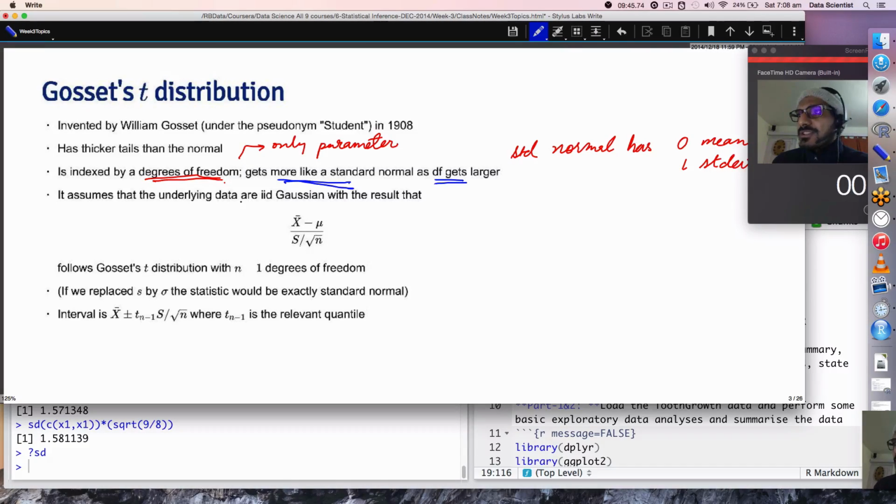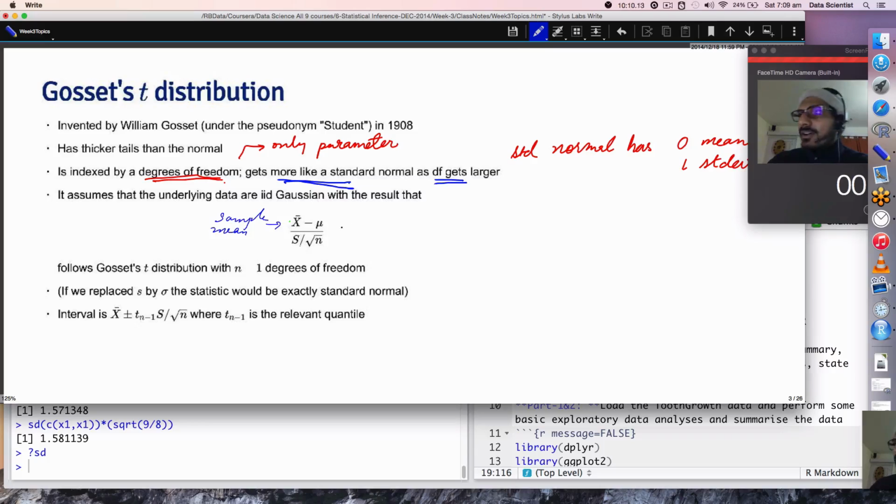And it assumes the underlying Gaussian IID form, that is x bar minus mu. Now mu is the population mean here. What is the x bar? Sample mean.